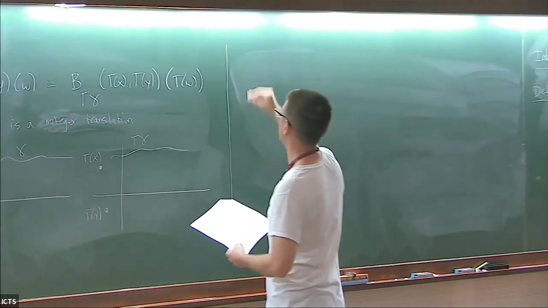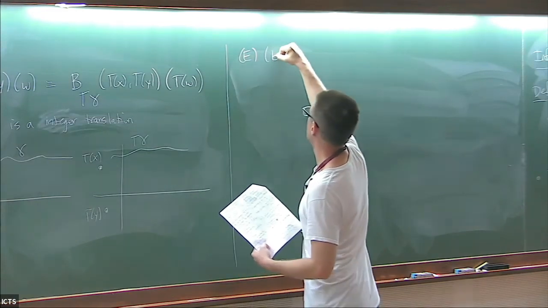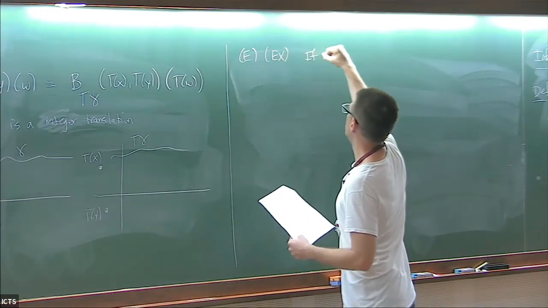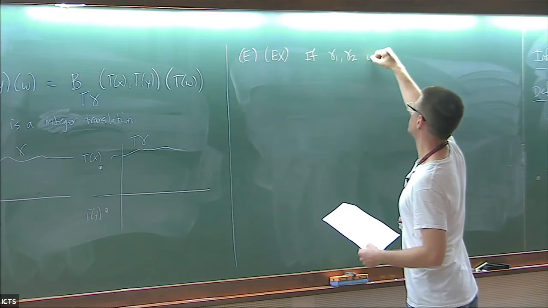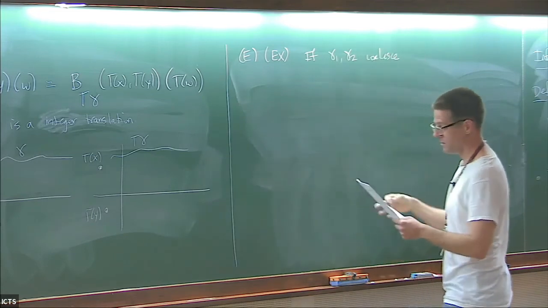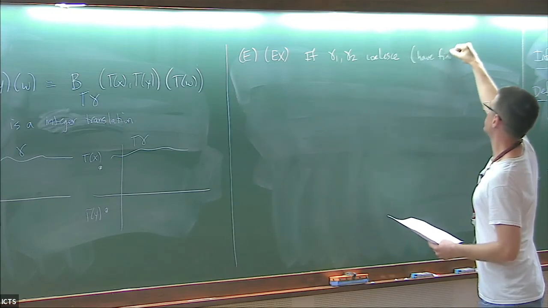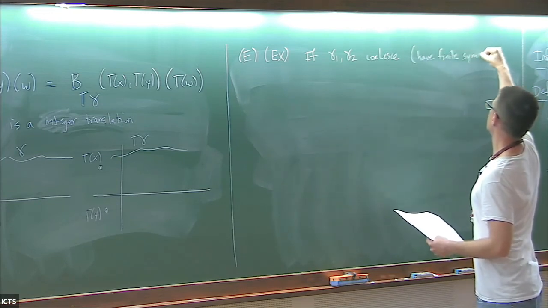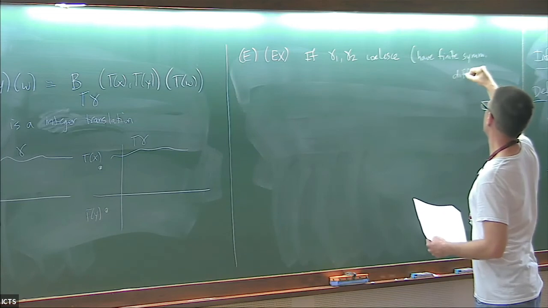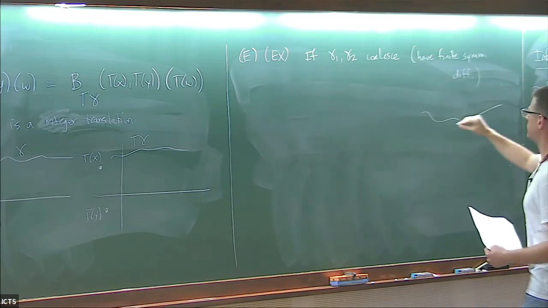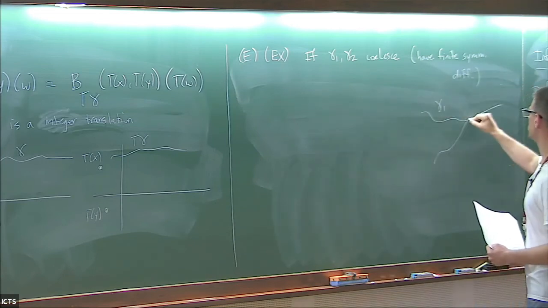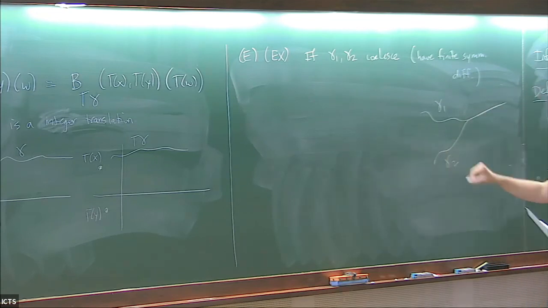Okay, and last property, this is an exercise. If gamma 1 and gamma 2 coalesce, that is, they have finite symmetric difference. So the picture looks like this. Here's gamma 1, gamma 2 is over here, eventually coincides with gamma 1.